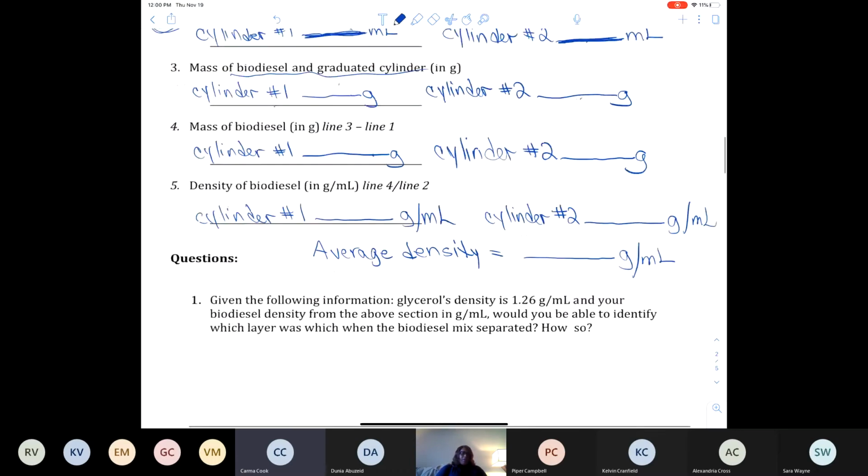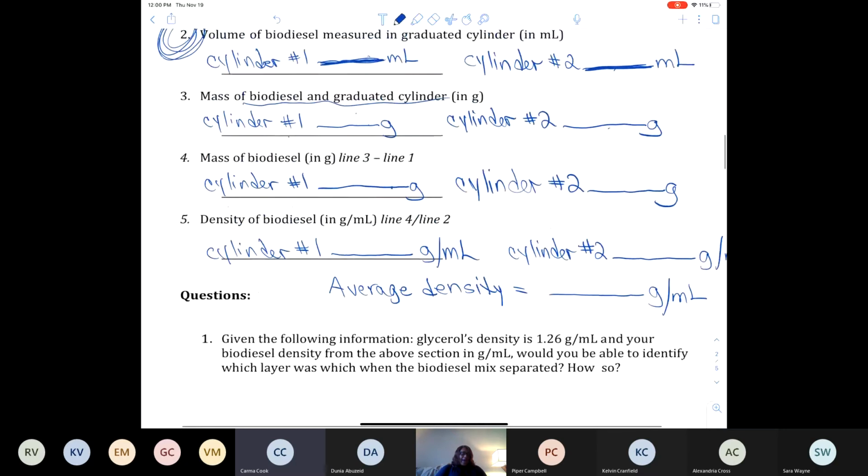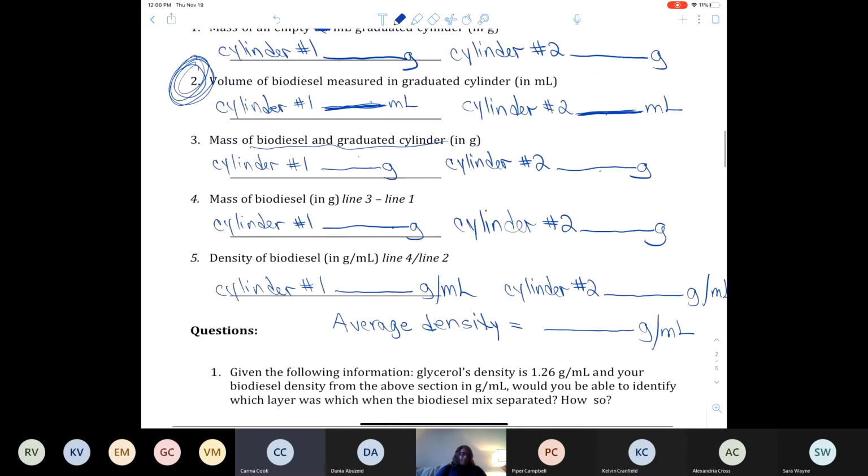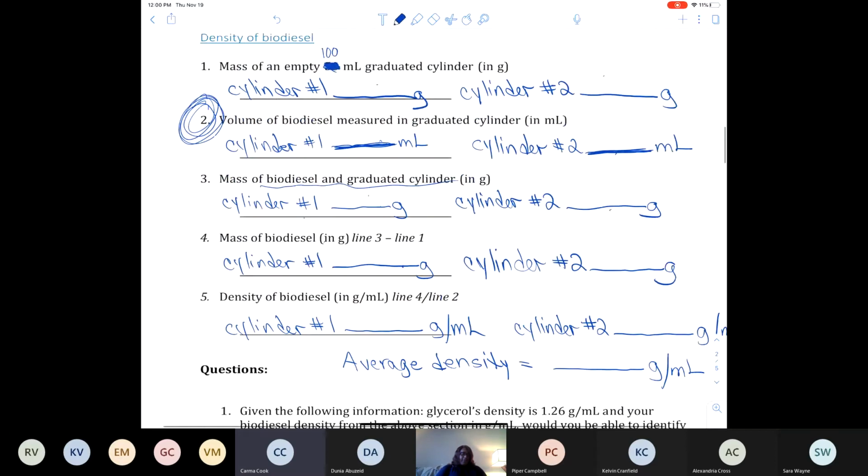And then we want to know exactly how much biodiesel is in each cylinder as far as mass in grams. So for line 4, you're going to take line 3 and subtract from it line 1. For the first cylinder, the mass in line 3 will be subtracted from the mass in line 1.